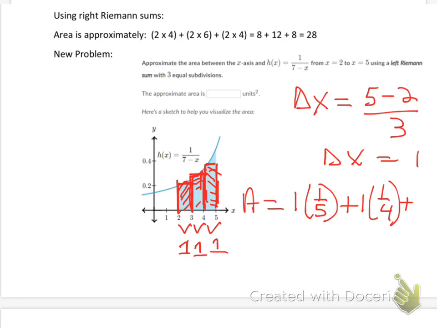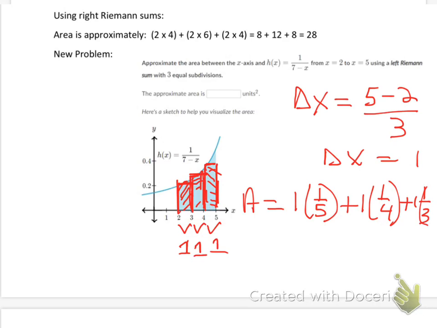If I'm doing left Riemann sums, I'm going to go up, I'm going to hit the axis at 4 and go over. So f of 4 is 1 over 7 minus 4, which is 1/3, and it's 1 times 1/3.